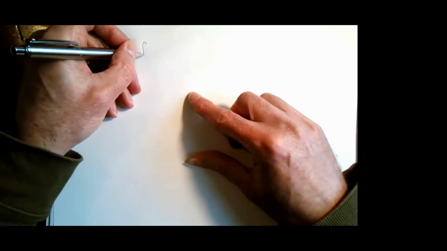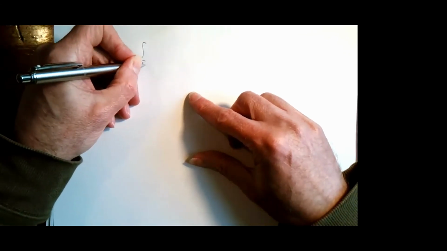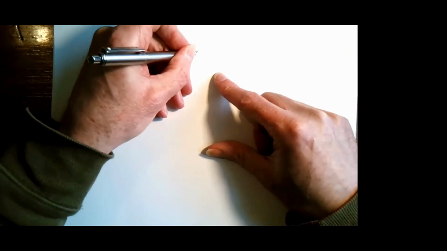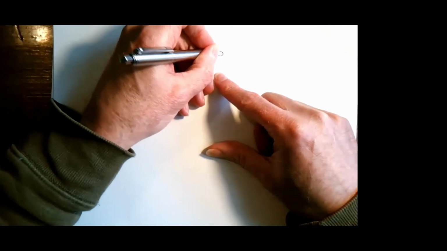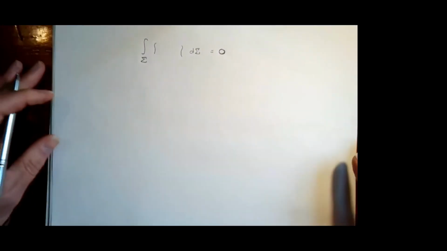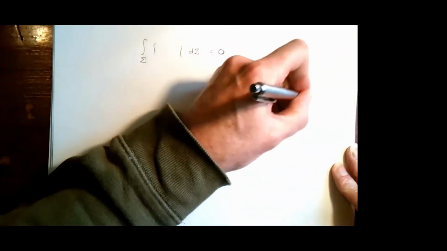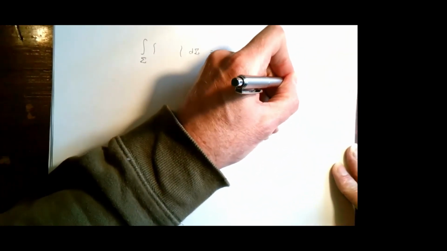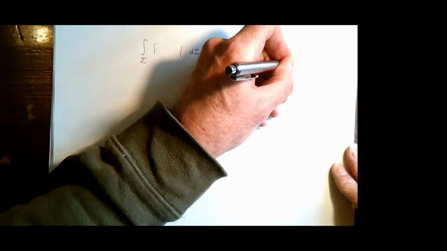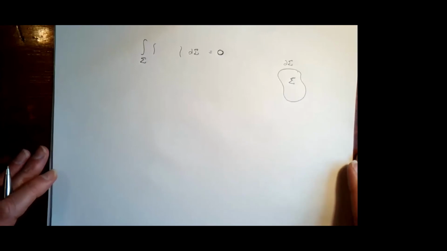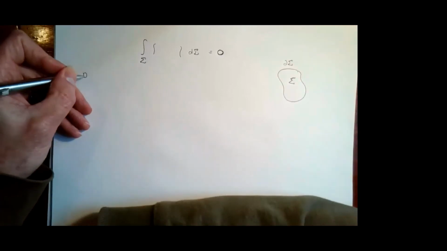Okay, so the Oseen representation has got some sort of integrand, equaling 0. But of course, for the boundary integral and boundary element method, we want the boundary of this domain, not the domain itself. So we have this as a domain. We want to look at the boundary of the domain. And for this, we can apply the divergence theorem.